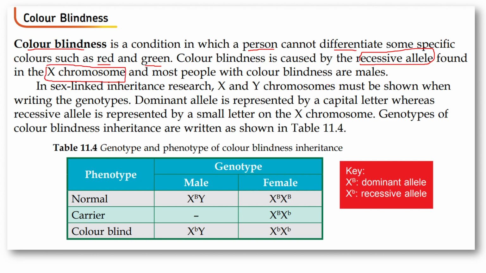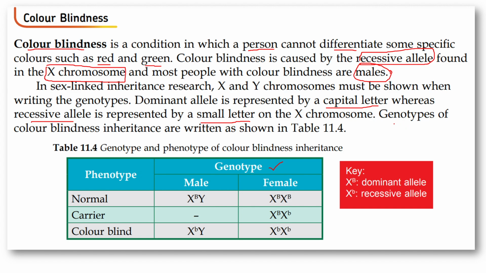And most people with color blindness are males. So in sex-linked inheritance research, X and Y chromosomes must be shown when writing the genotypes. The dominant allele is represented by a capital letter, huruf besar, whereas recessive alleles are represented by a small letter, huruf kecil, on the X chromosomes.